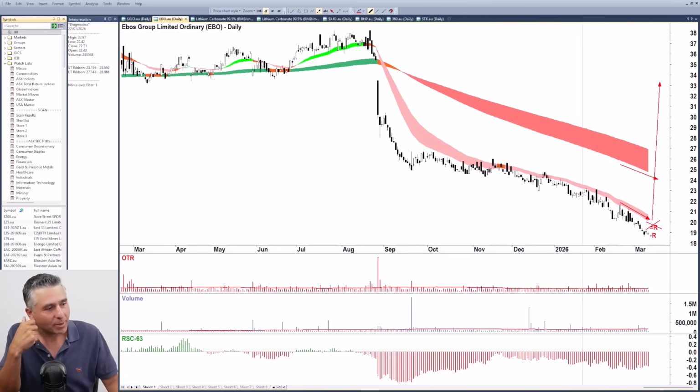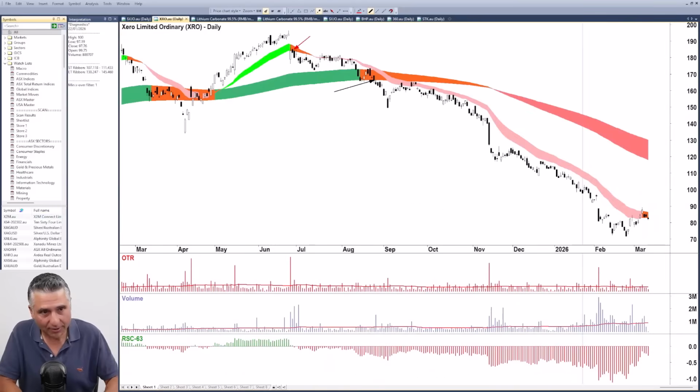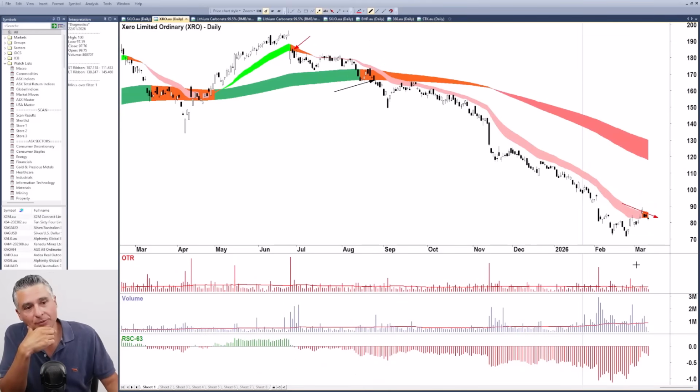Let's do, oh man, we've got the same stuff coming up every time. Xero, actually Xero might be 3 candles ahead of Pro Medicus in terms of what's happening here, isn't it? And this is why I'm so cautious with trying to buy the dip on these. I need more evidence. I need more proof that the demand side, it's not just short covering anymore. Actually, we've got positional buying, long-term value-based buying.